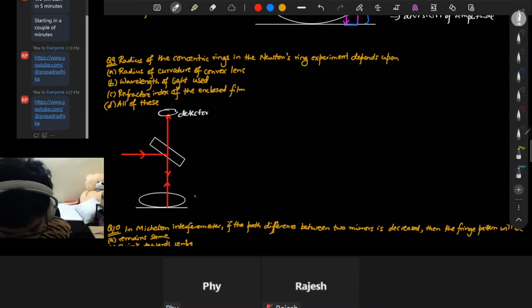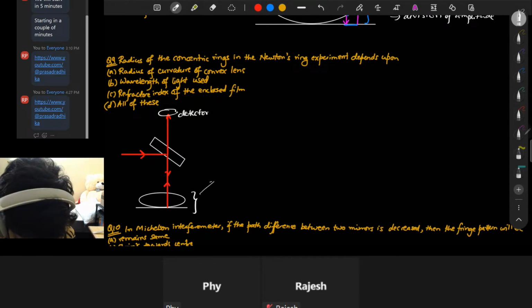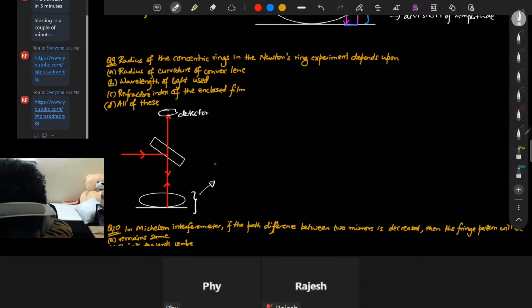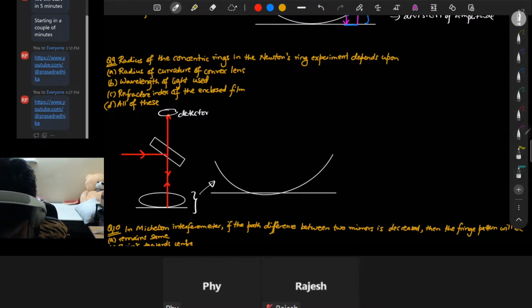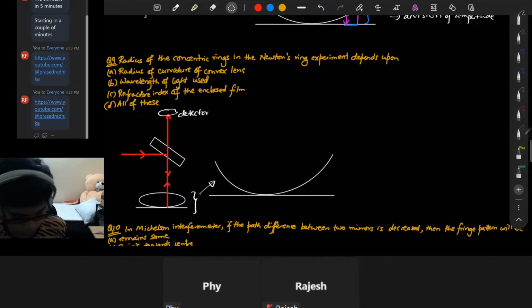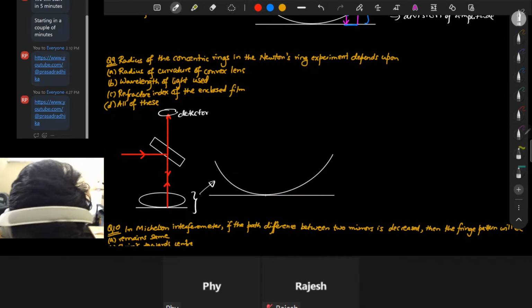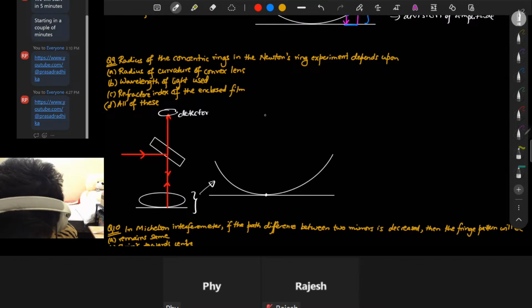And what is important is this region. This is the part which causes the interference. So let us zoom into this region a little bit. So I have this convex lens and the optically flat surface. Like that. And this convex lens has some radius of curvature and some center.